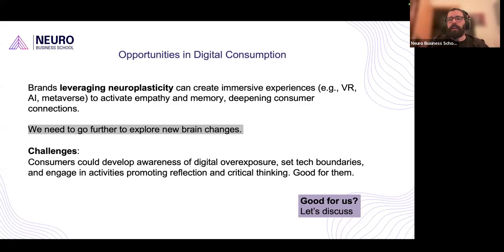Now they are consuming a lot of things so fast, but at some point they will stop or feel too affected by all this kind of content that could even be dangerous for them, and maybe they consciously decide to set boundaries about all these things. Any questions?